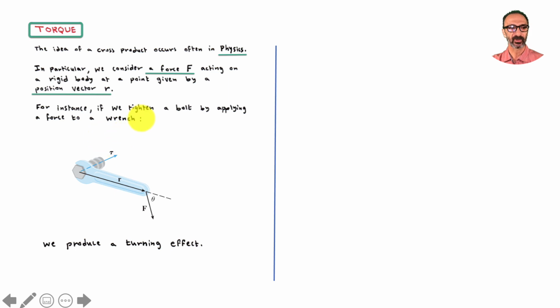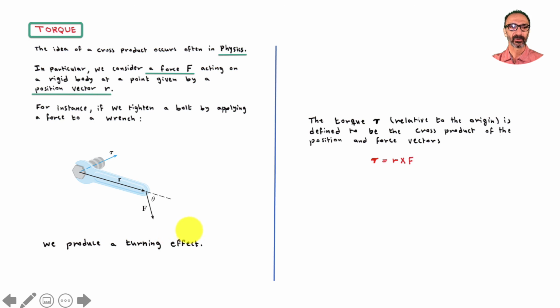For instance, if we tighten a bolt by applying a force to a wrench as it shows, we produce a turning effect. The torque tau, or small t, relative to the origin is defined to be the cross product between r and F. So if you do F right here and you do the cross product, think about it.